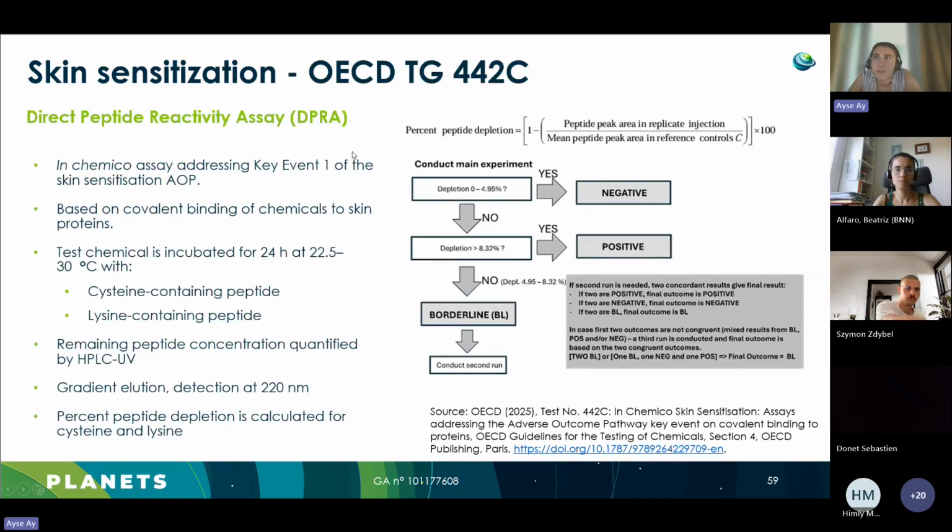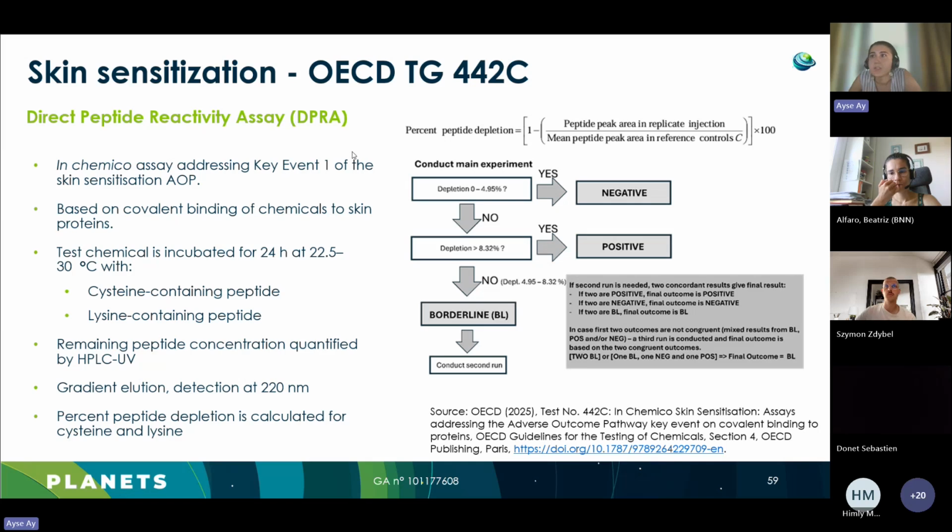The first, the direct peptide reactivity assay, is a method that targets the first key event of skin sensitization, namely protein binding. The underlying principle is that many skin sensitizers are electrophilic and can form covalent bonds with nucleophilic sites in skin proteins.